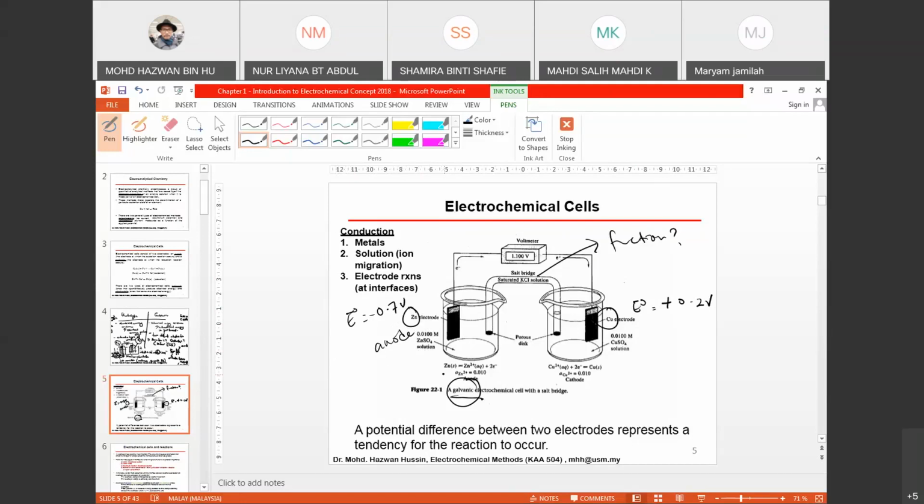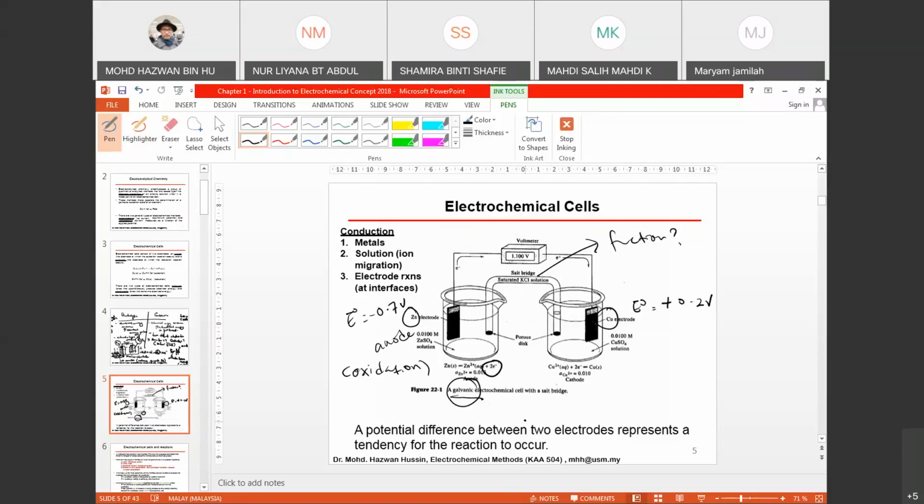Over here, you can see the reaction: zinc becomes zinc 2 plus and 2 electrons. Remember, the anode is always an oxidation process, where electrons are produced. Once electrons are produced, first they transfer to the wires and go into the voltmeter. The voltmeter measures the potential produced, and the electrons go into the copper electrode, which receives the electrons and is reduced. It becomes solid copper, and then to complete the reaction, the electron movement again occurs over here.